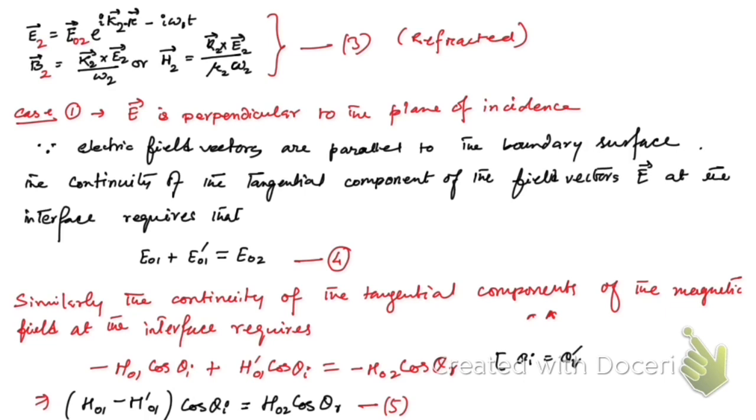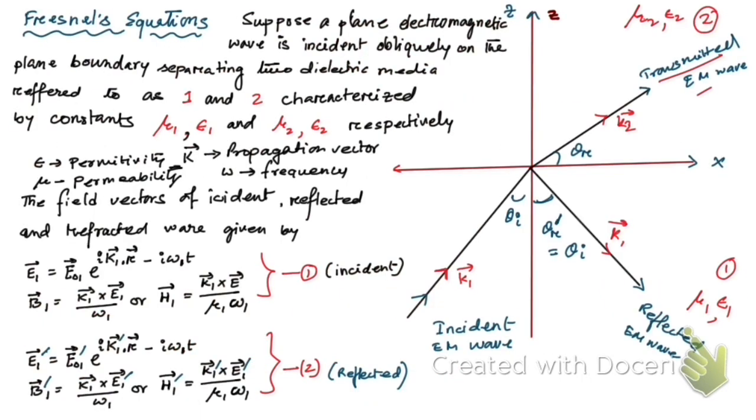So on the next page, from equation number 1 we can write that the B1 vector is equal to K1 cross E1 divided by omega 1, and B1 is mu1 H1.